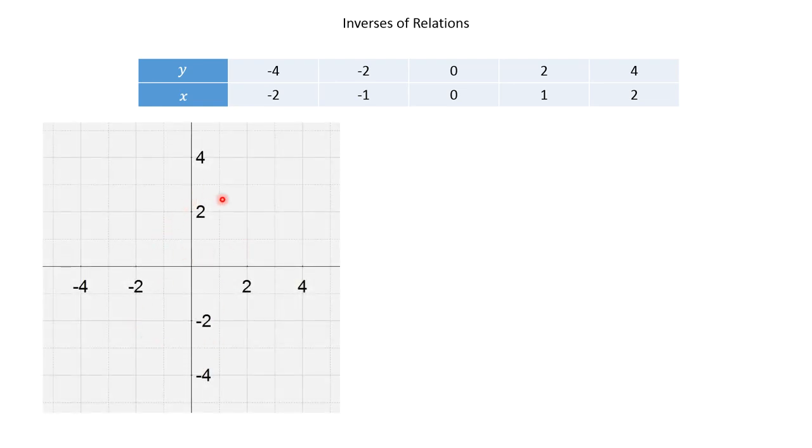Let's start by graphing the original relation. That would be x on top, y on bottom. So we have the points -4, -2, -2, -1, 0, 0, 2, 1, and 4, 2. So we can get those points in our graph. And then technically in the relation, these are the only 5 points that we know.